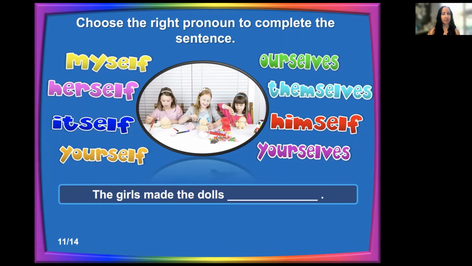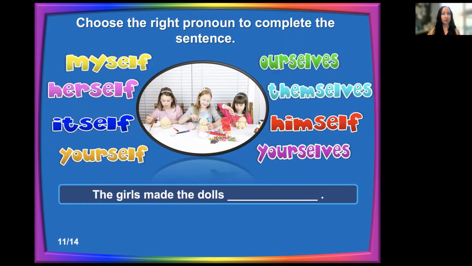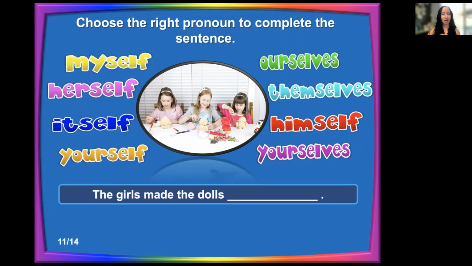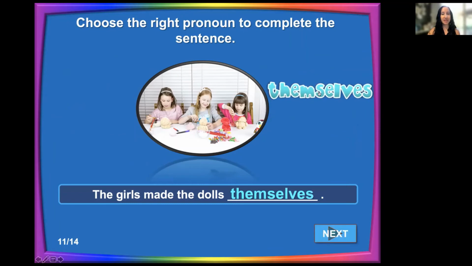That'll help you. Then what could the girls be? Would it be ourselves, themselves, or yourselves? Give you a little bit in a minute. Okay, here we go. Themselves, okay? Starting to make sense, right?